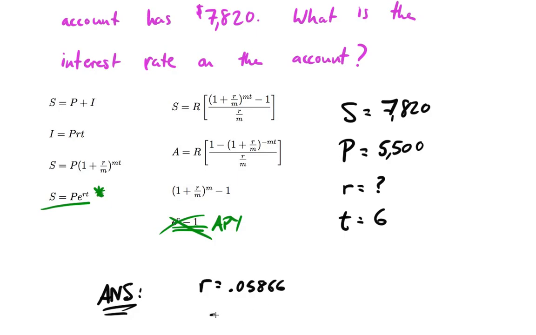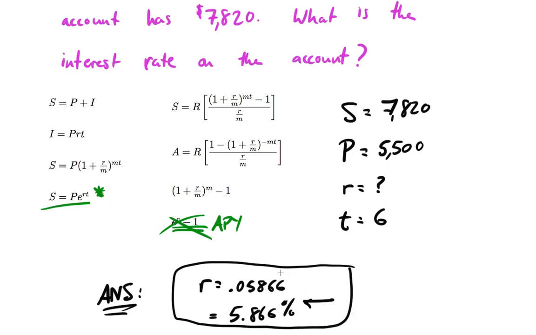That might seem like a lot of decimals, and that's because usually we write it as a percent: 5.866%. I didn't give you rounding instructions in this problem, but on an exam you will see rounding instructions. But this should be plenty to tell you whether you're doing the problem correctly or not.